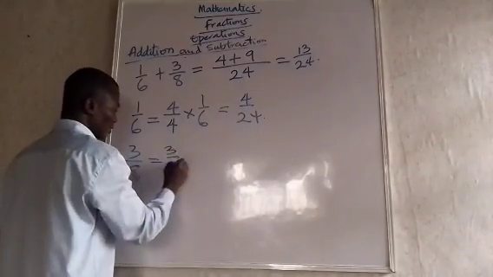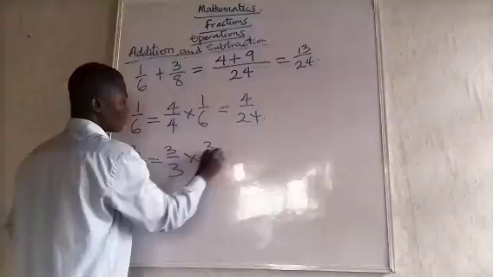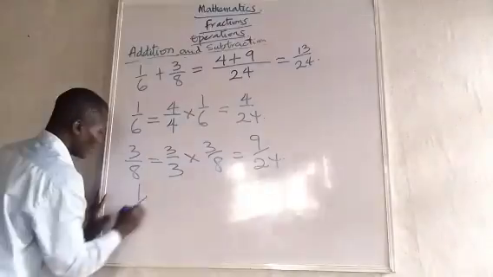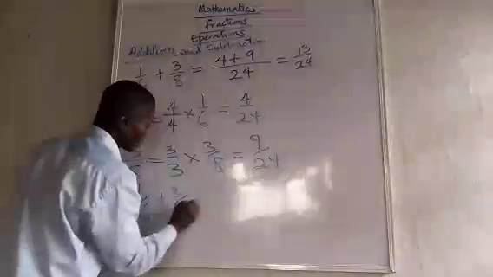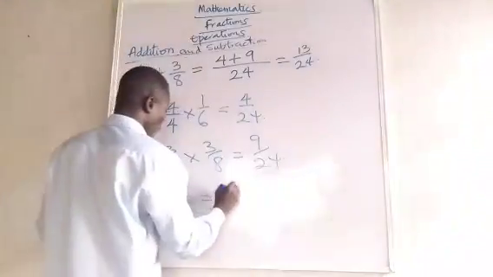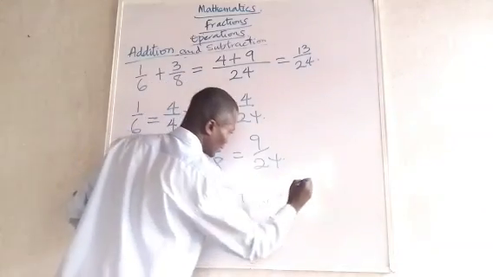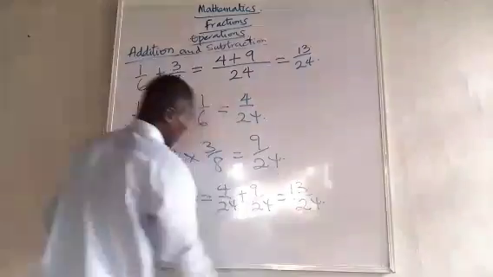That's going to be 3 over 3 times 3 over 8. That gives us 9 over 24. So invariably, 1 over 6 plus 3 over 8 is equal to 4 over 24 plus 9 over 24, which is 13 over 24.